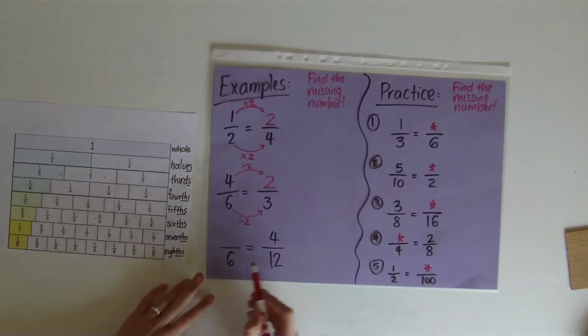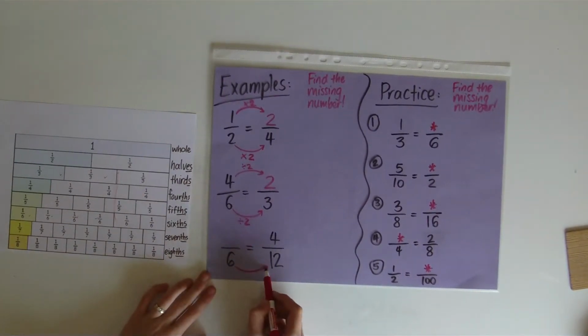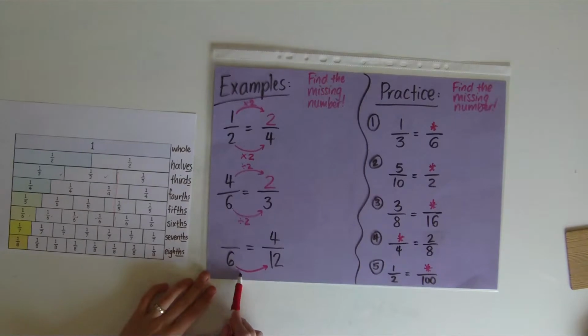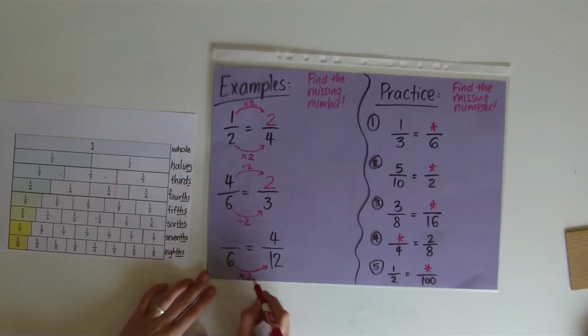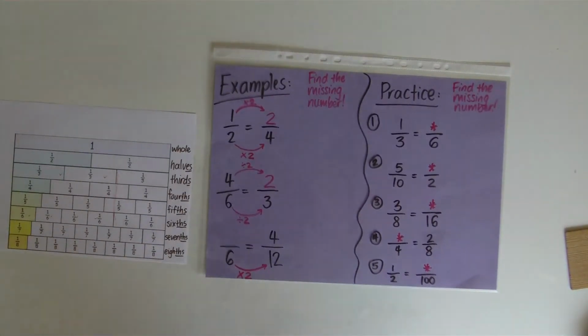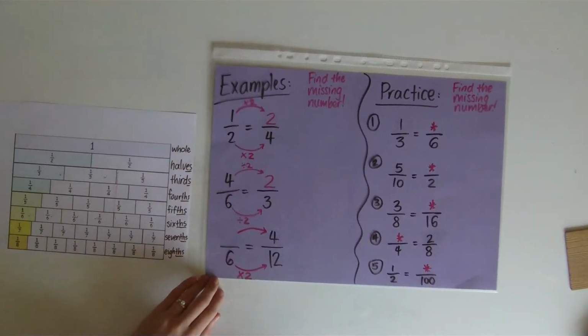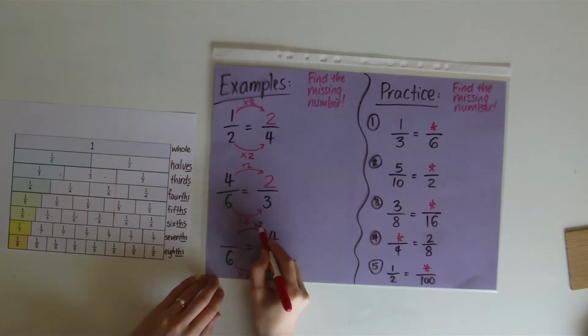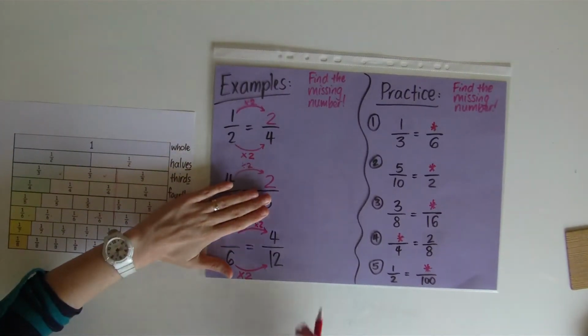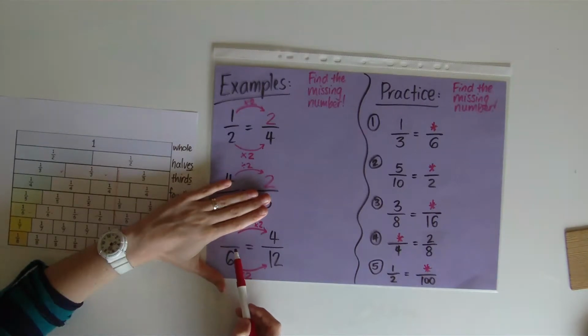In this case, I am going this way, and I know that 6 times 2 is 12, because 6 plus 6 is 12. There are 2 lots of 6s, so I'm going to multiply this one here, covering up that one. So, hoping that can still be seen, yep.